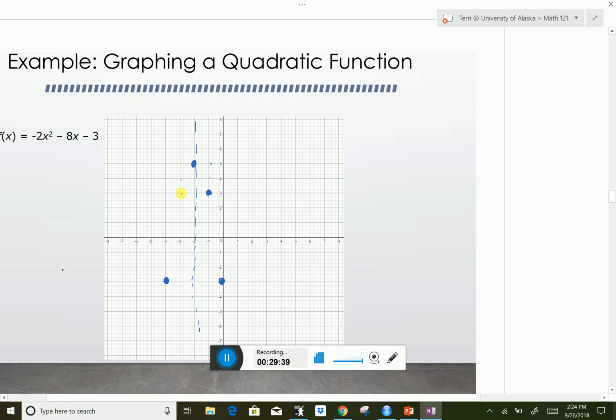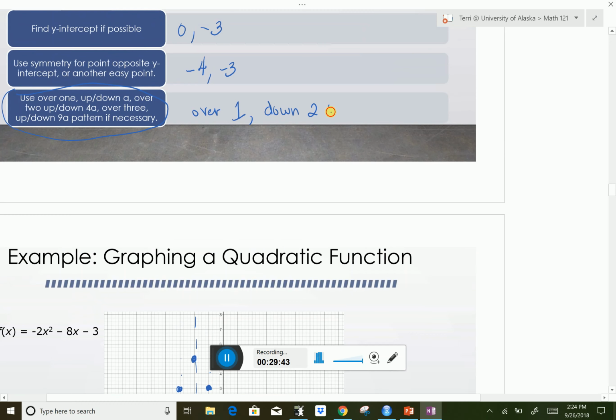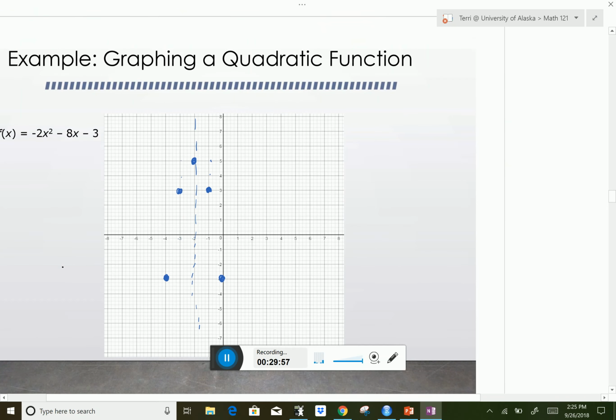Now if I go over 2, I go down 4 times A, because that's 2 squared. 4 times A is 8. So go over 2, 1, 2, 3, 4, 5, 6, 7, 8, and that's where that is.